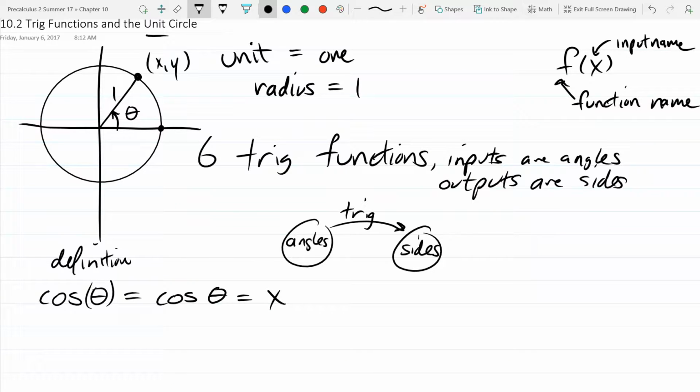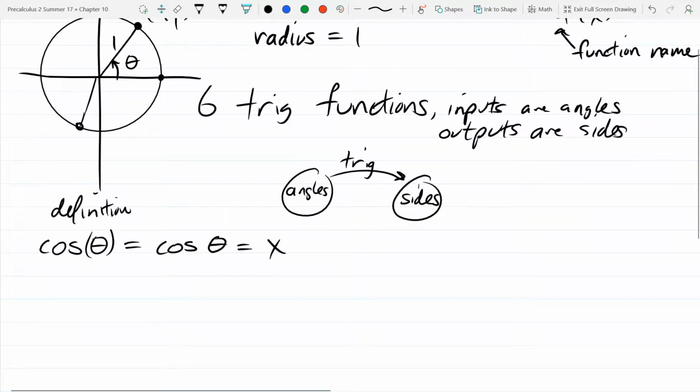So any angle theta you can think of, whether it's small, close to 0, or bigger, somewhere way over here, wherever this angle is, it's going to hit the unit circle, and it's going to have an x and a y coordinate, and if cosine is the function, the output is going to be the x coordinate right here. Now obviously most of these x coordinates are going to be very difficult to figure out what they are, but a few of them will be relatively easy, and we're pretty much only going to use those the entire quarter. So we'll get into those a little bit later.